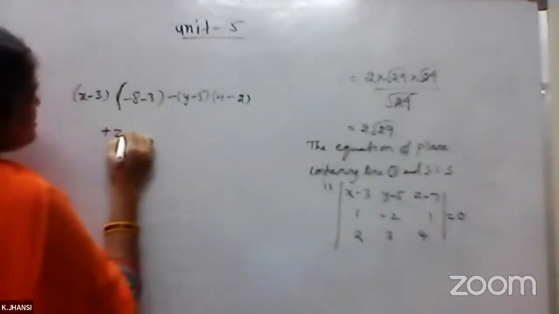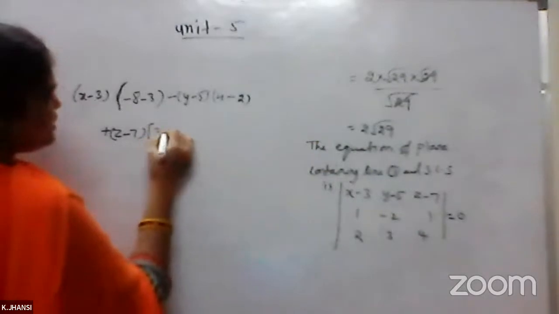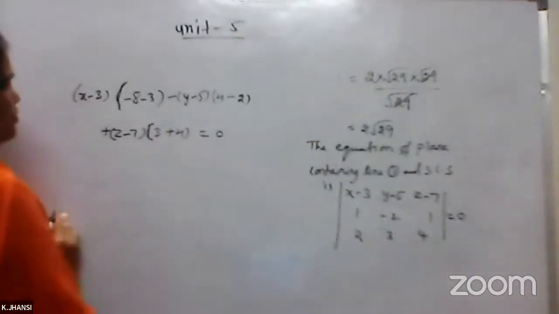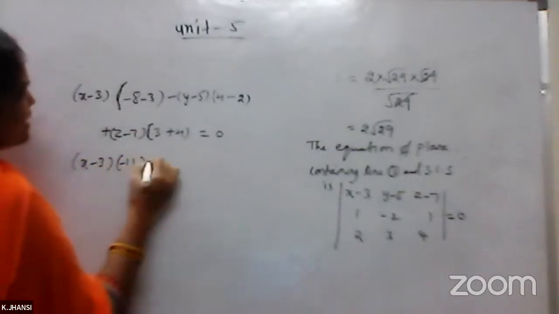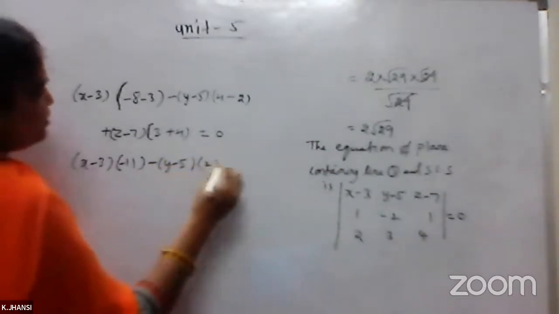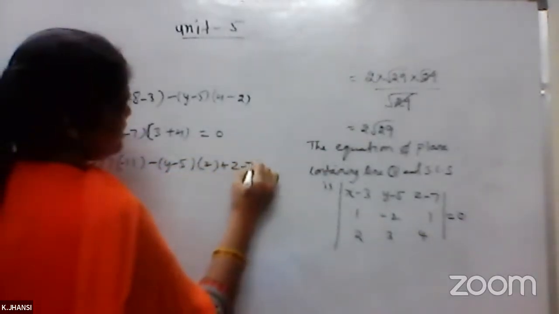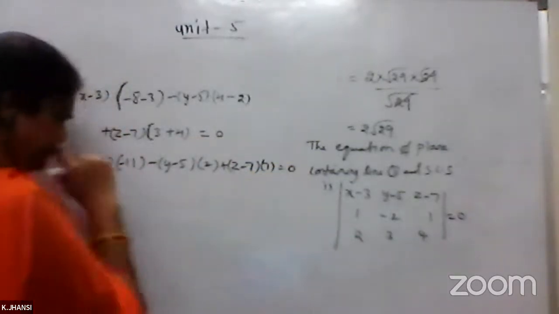After that plus z minus 7. If you take out that, that is 3 plus 4. Equate it to 0. This is minus 11 into x minus 3, minus 11 minus y minus 5 into 2, plus z minus 7 into 7 equals 0.